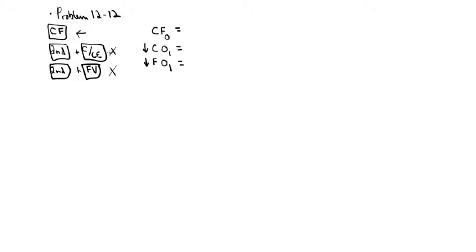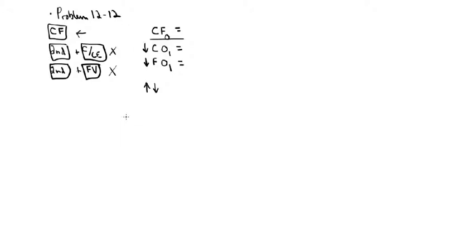At this point you should see on your calculator CF0 equals something like 0.00. There are arrow up and arrow down keys, next to the enter key.